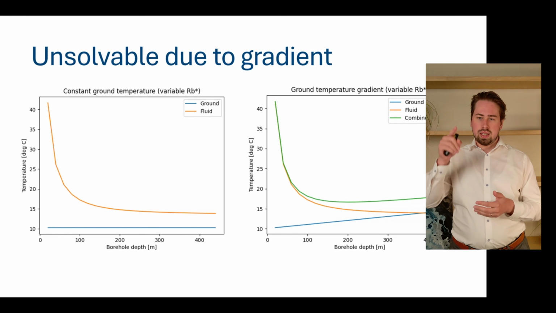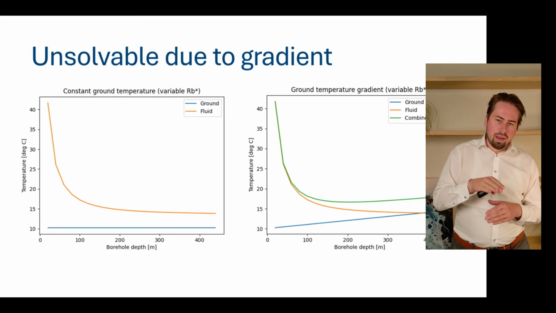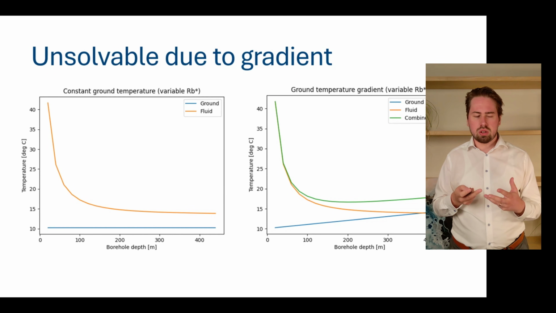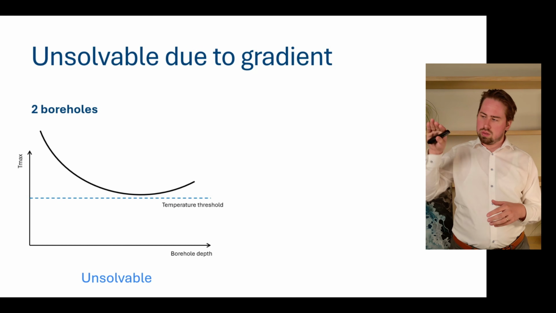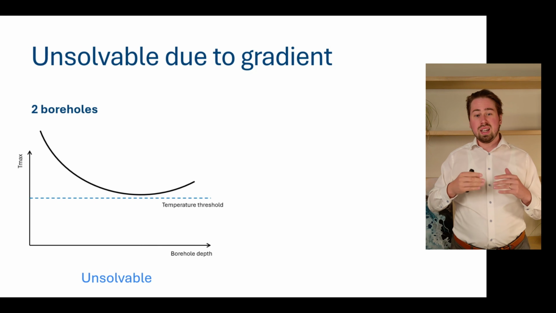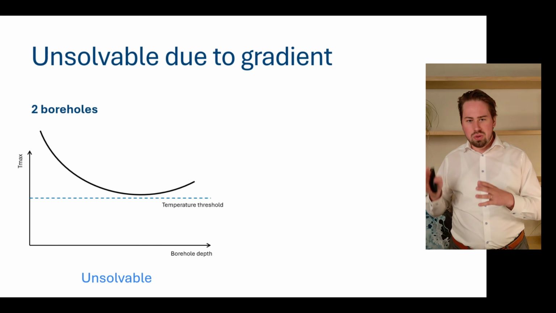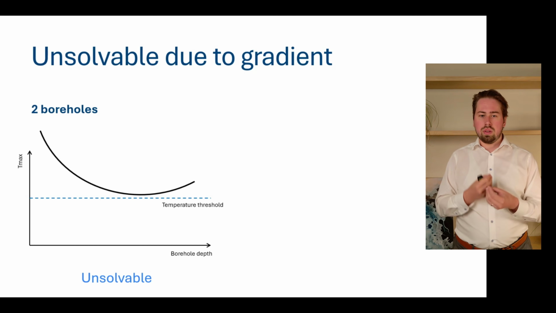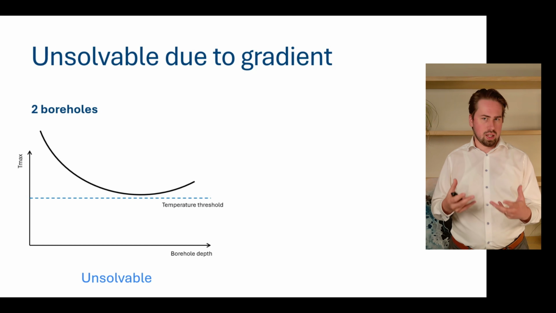And this creates a downward-going slope, not a parabola exactly, and then after a certain depth, it increases again. If you look at this more conceptually, if this downward and then upward going curve is above our temperature threshold, there is no depth at which our fluid temperature is below the threshold. And then we get this unsolvable due to gradient error.